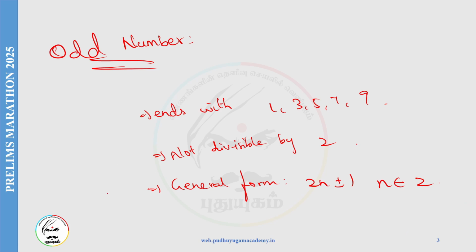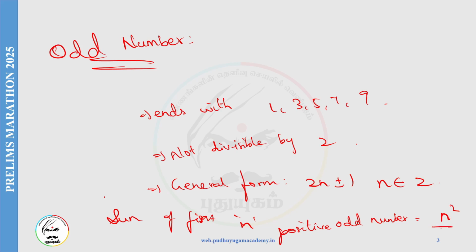And the formula is sum of first n positive odd numbers, right? Note the words positive odd numbers. We saw the same thing for even numbers, right? So it is n square, right?